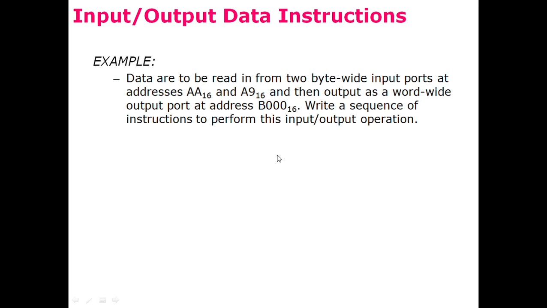So what this example says is that two bytes of data are read from these two ports. This is an 8-bit port, and this is an 8-bit port. One byte is read from this input port, the other byte is read from the other input port, and then these two bytes are written to this output port.